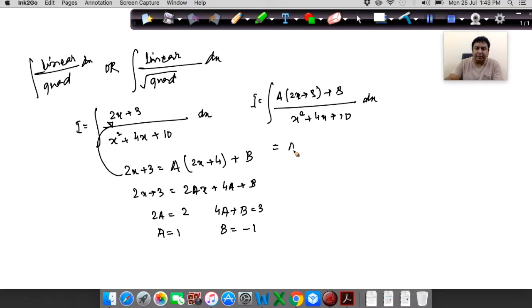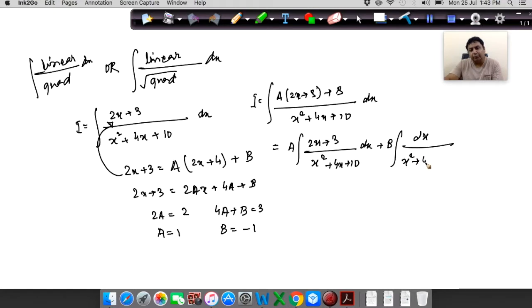We split it, we write a 2x plus 3 upon x square plus 4x plus 10 plus b, put the value of a and b in the next step, dx upon x square plus 4x plus 10.